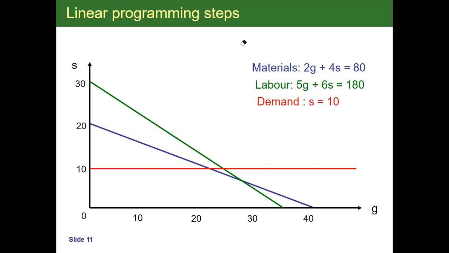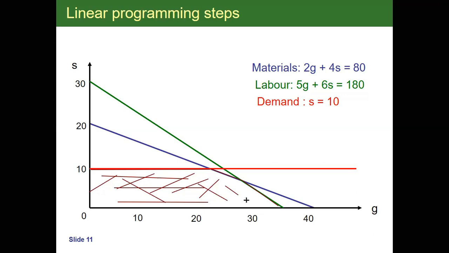Actually, you can produce only until this point, and then this point, and then this point. So in between here is what you call the feasible region, which means that any level of production you can achieve within here.